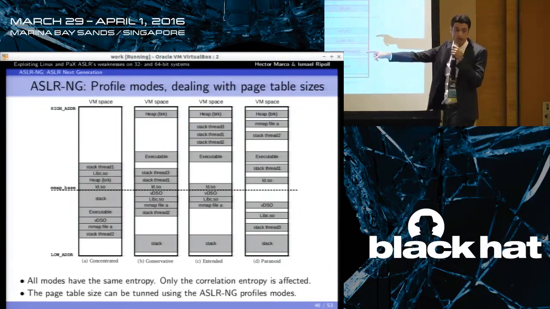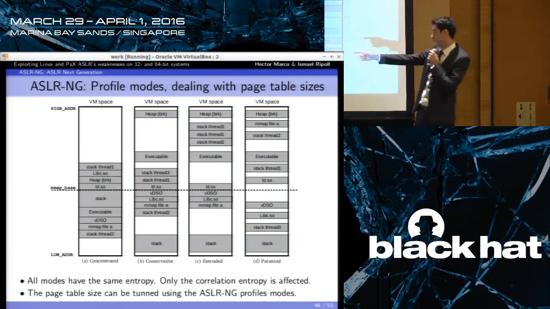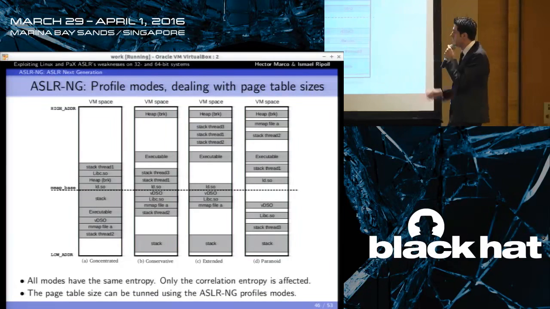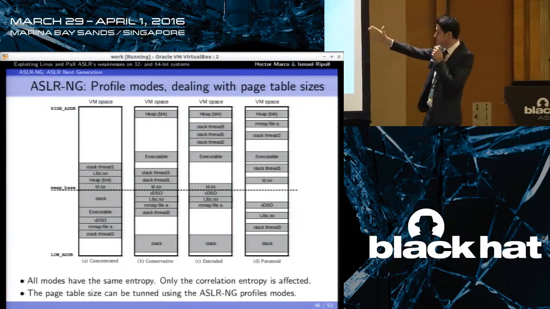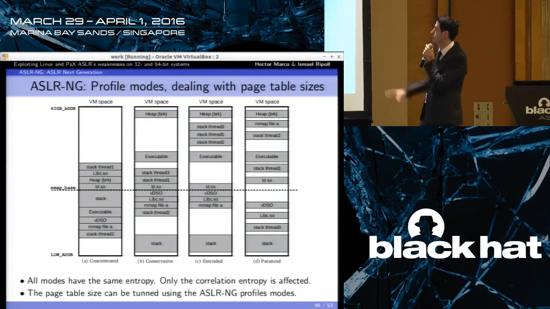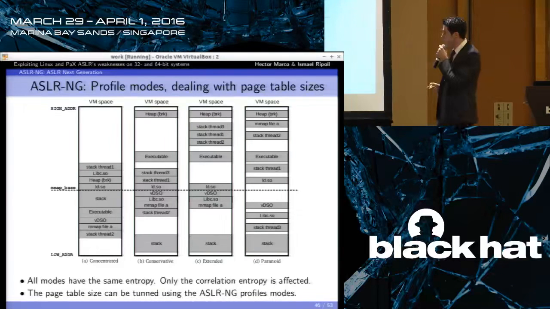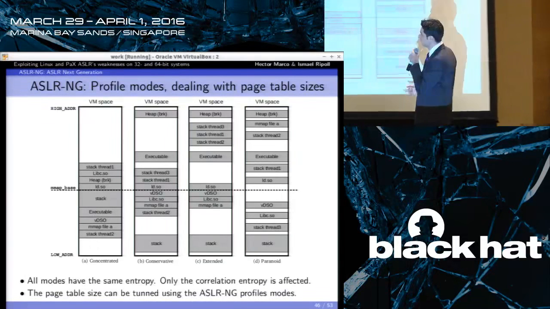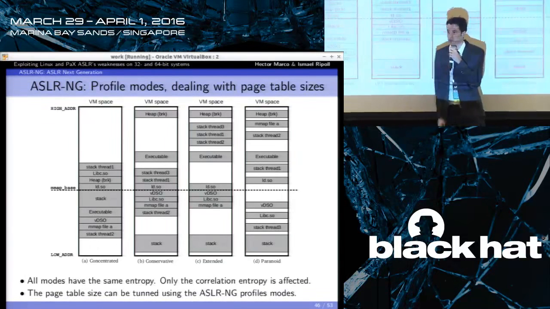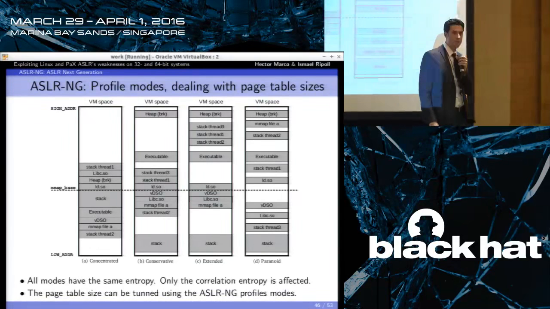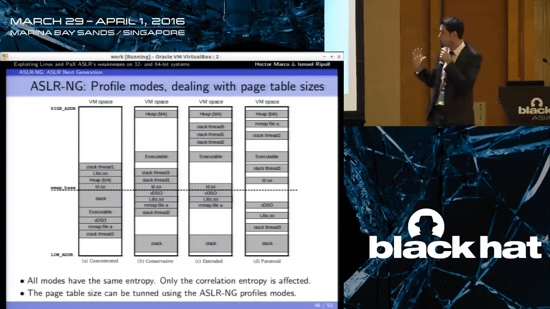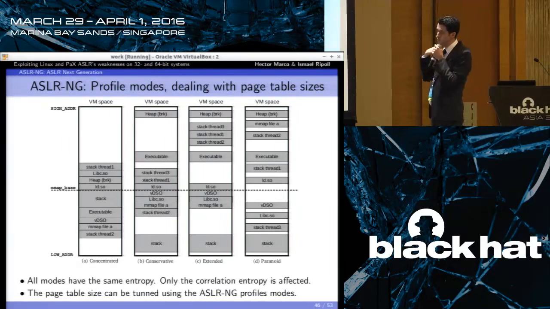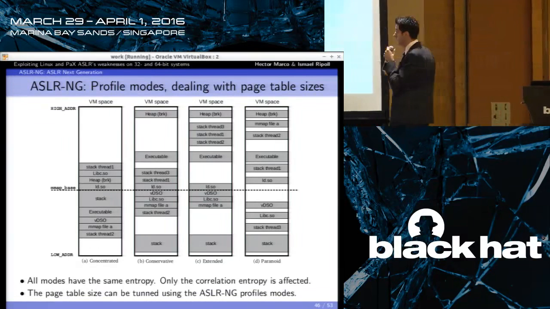Okay, this is the most correlated one. Obviously you can use the correlation weakness to attack any object because all are together. But the point here is that you are saving a lot of page table size memory, and you are not losing absolute entropy.